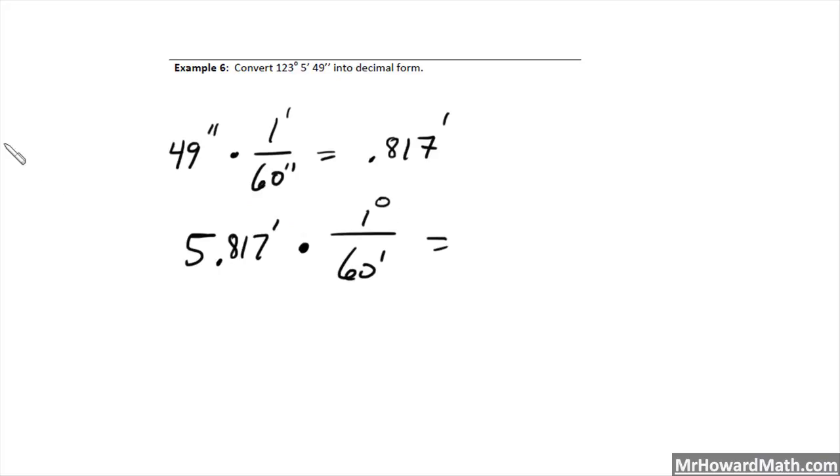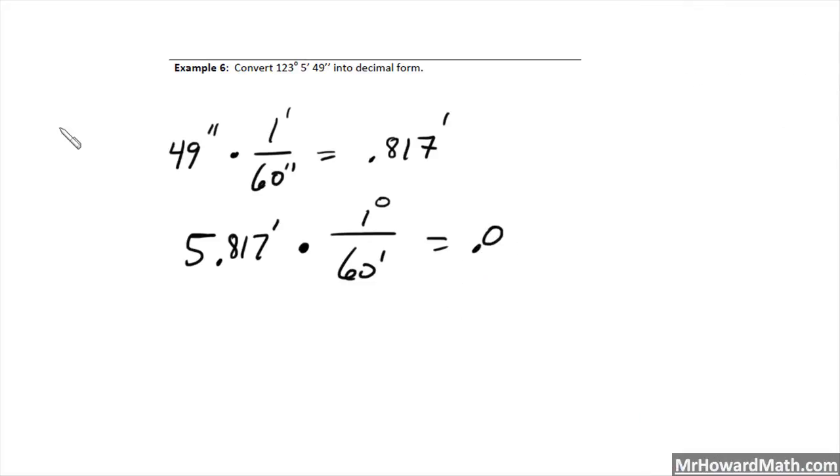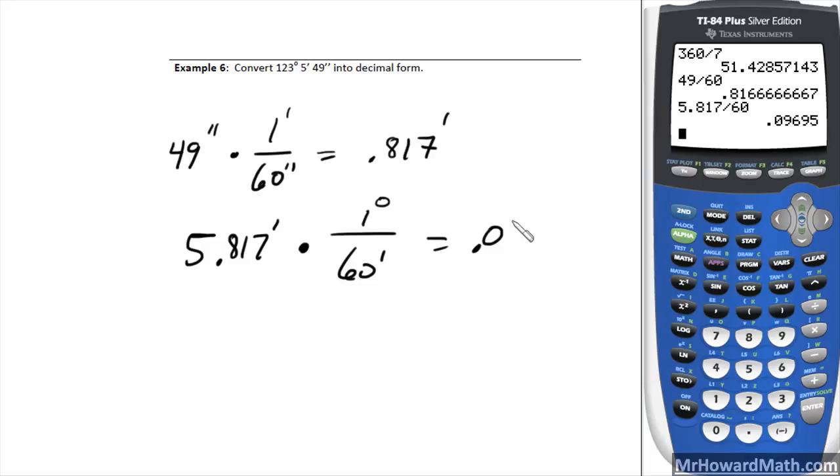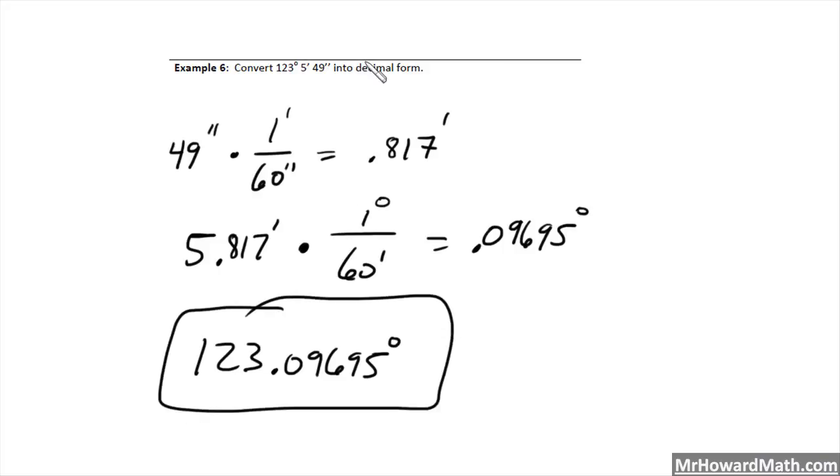So that would equal 5.817 divided by 60 is 0.09695 degrees. So altogether we have 123.09695 degrees. That's approximate because we did round. So 123 degrees, 5 minutes and 49 seconds is the same thing as 123.09695 degrees. All right, let's look at example 7 now.